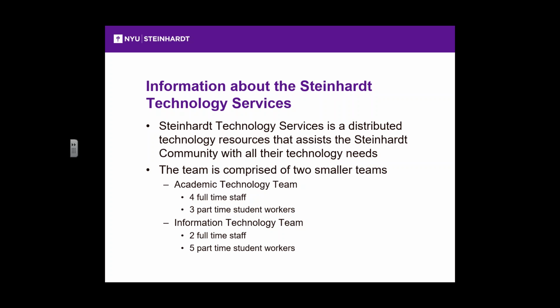They focus on technology in the classroom and how technology can further pedagogy, while the information technology team focuses more on the infrastructural and operational role of technology within Steinhardt. Creating that division has given our team the advantage of allowing specialties within the team.